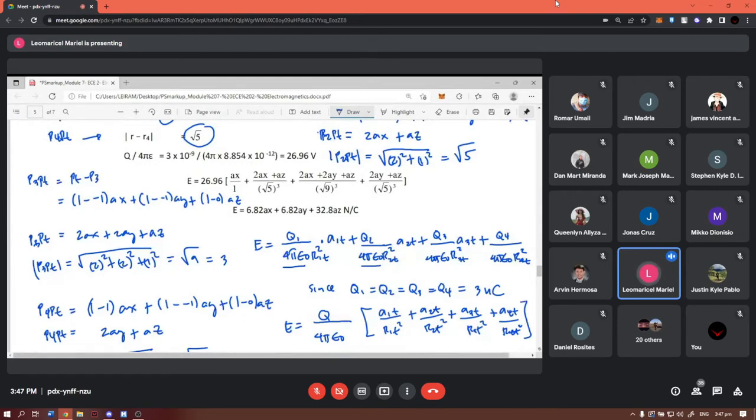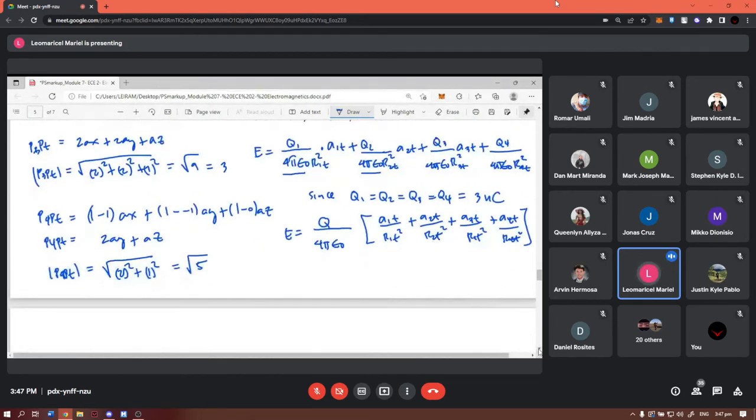Now, sinabi ko sa inyo kanina na yung ating unit vector, let's say meron akong unit vector A1t. Ang ibig sabihin nun ay yung ating vector, let's say P1 PT, over yung magnitude natin, which is R1t din.